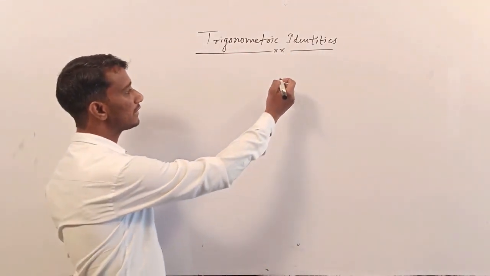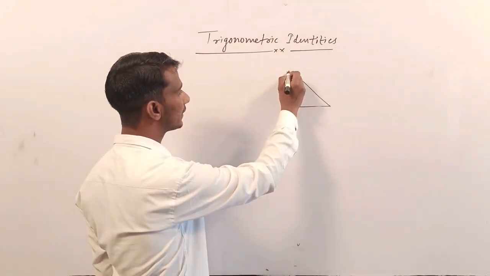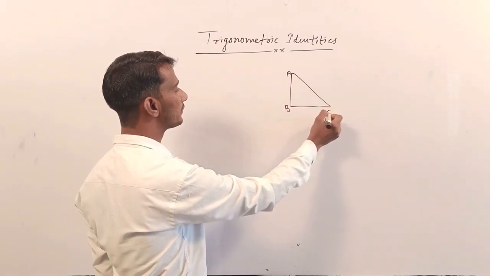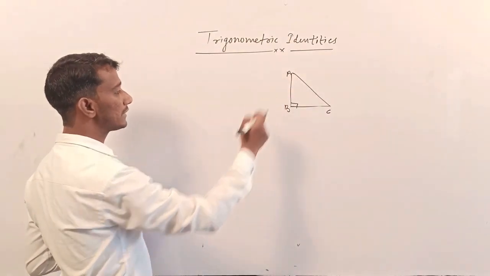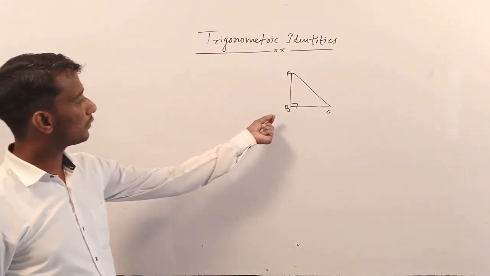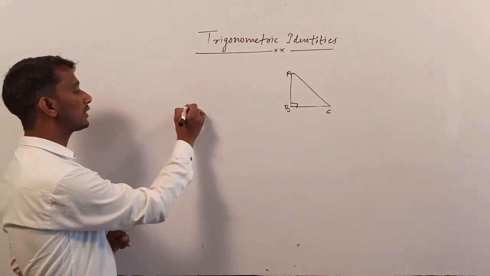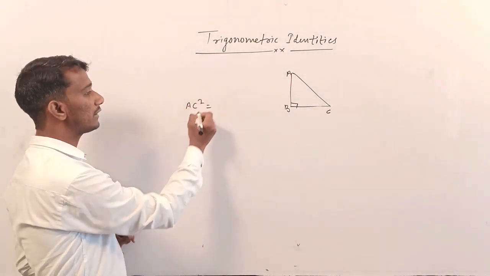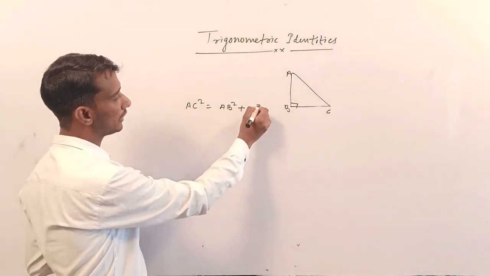Dear students, you know that in right-angled triangle ABC, right angle at B, if we apply the Pythagoras theorem, what do we get? Since the right angle is at B, the side opposite to B is the hypotenuse. The statement of the Pythagoras theorem is AC square equals AB square plus BC square.